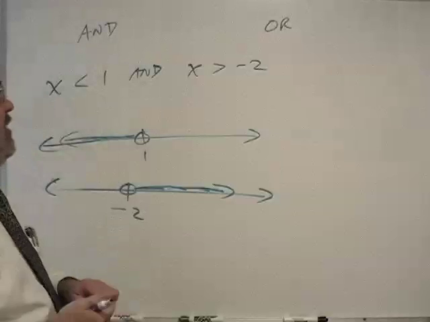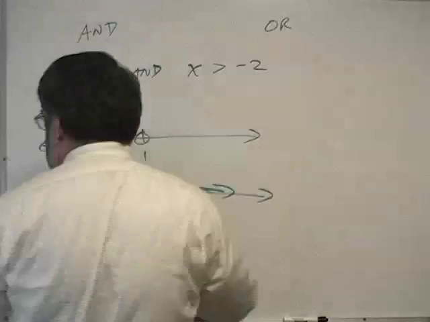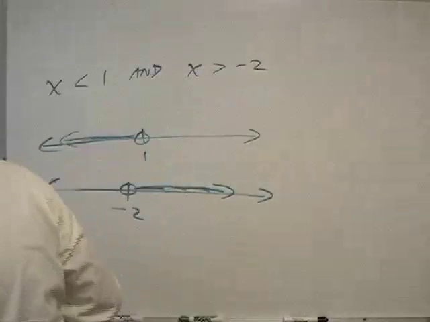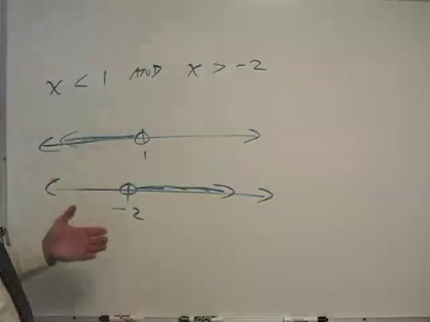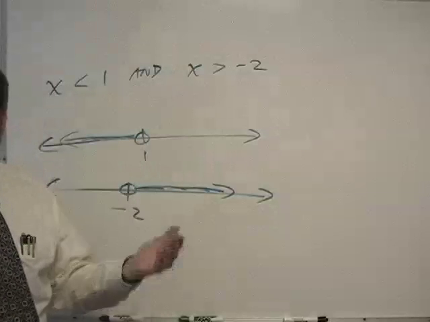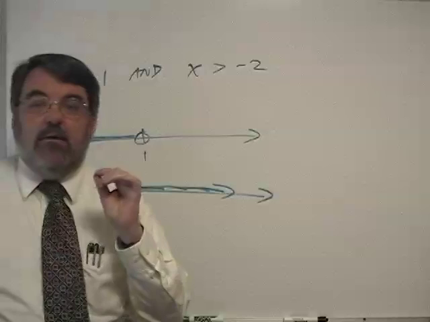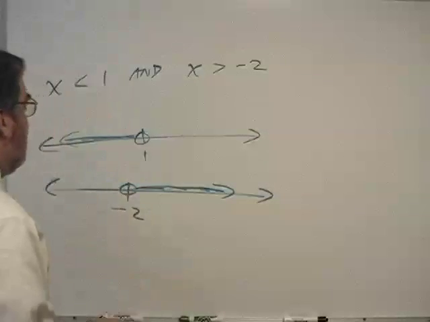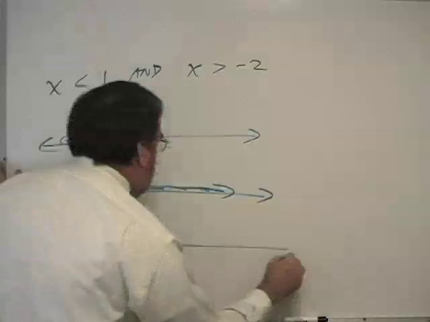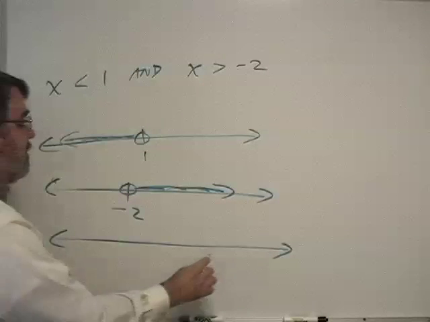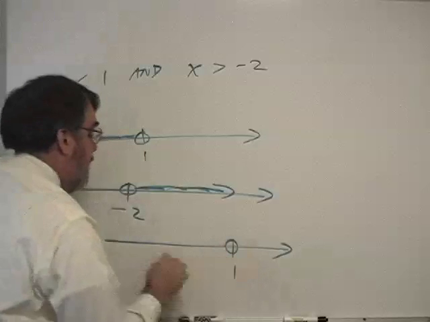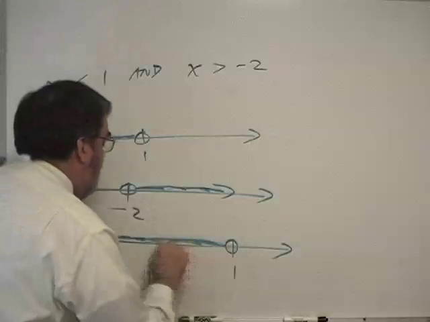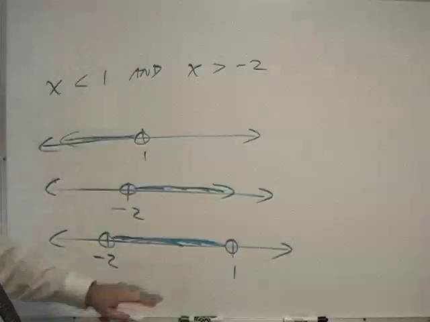So if we're going to combine these into one statement, then we want to know what numbers satisfy both these conditions at the same time. In other words, in order for an "and" statement to be true, both parts must be true. So combined together, this would say all the numbers that are less than 1 and also greater than -2, and that would end up being this graph.